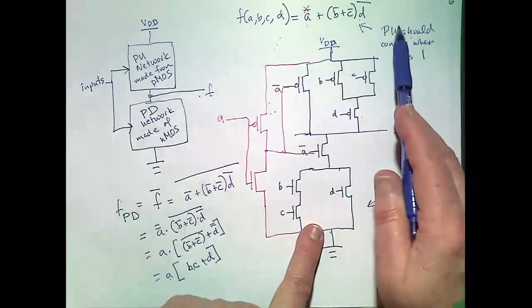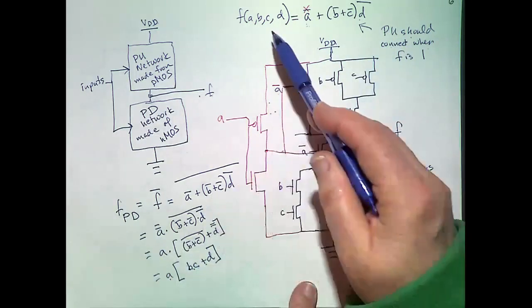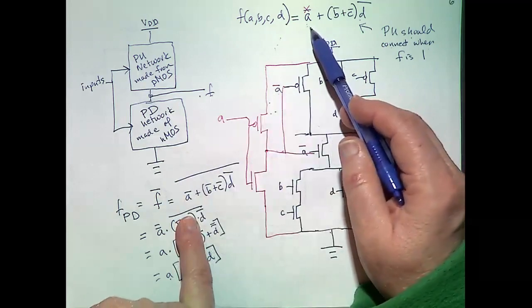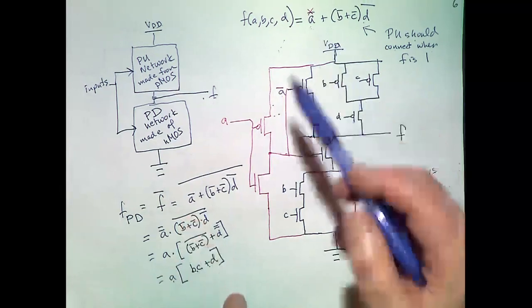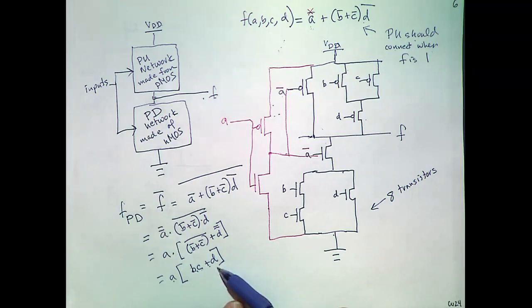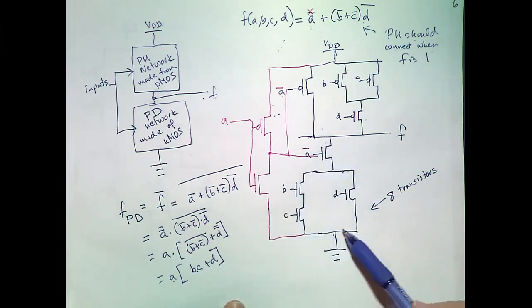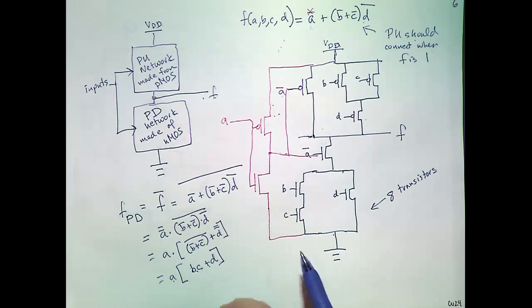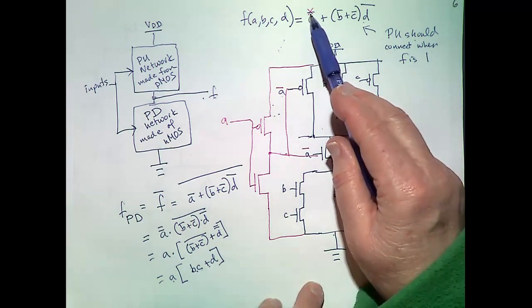For the pull-down, what we did is, when is this function supposed to be 0? Well, when its complement is 1. So we complemented it, and we came up with this expression, and we built this out of NMOS. Here we use the variables directly, not inverting them. Then someone asked, what if one of these didn't have an inverter?